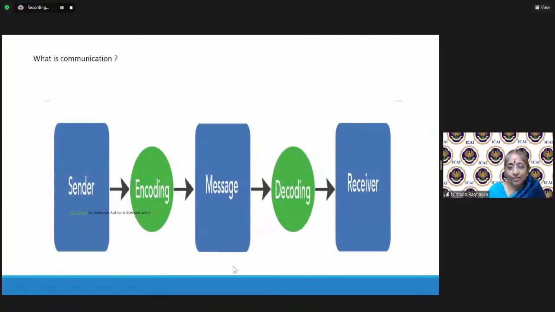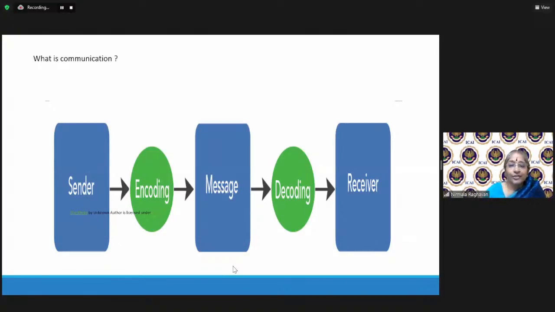What is communication? We say communication happens or communication is effective when the sender sends the message, the receiver receives the message and responds relevantly. So until the response, communication doesn't happen, right?